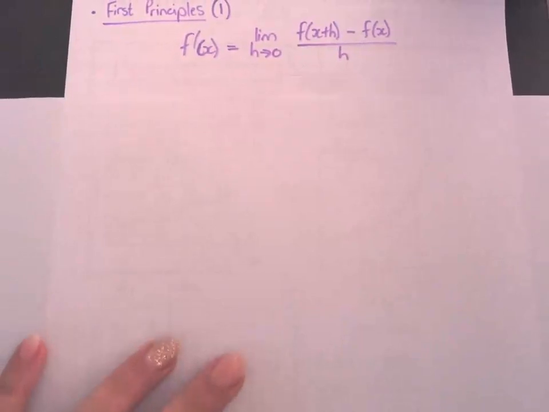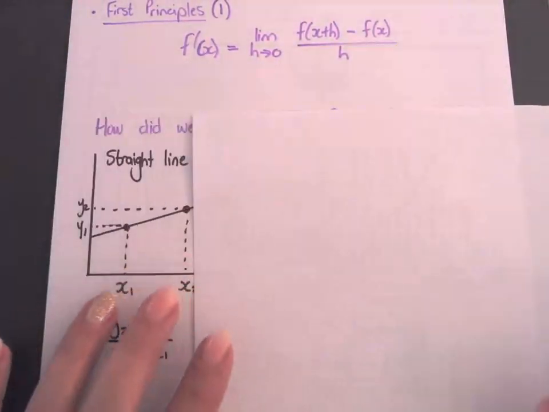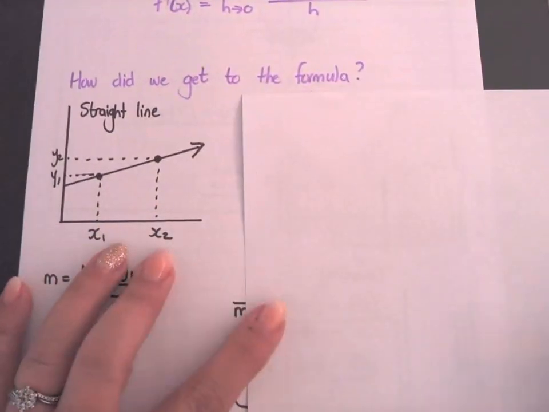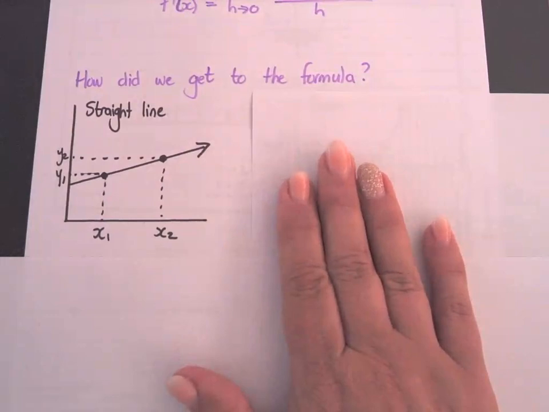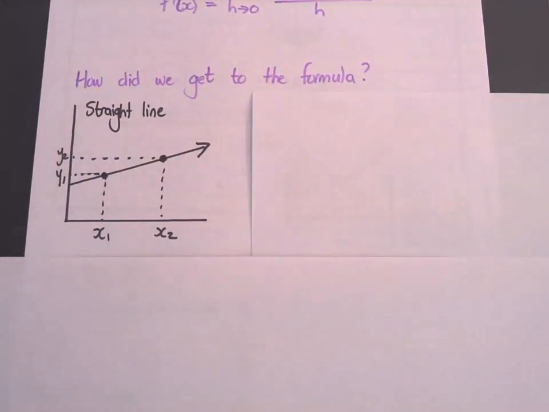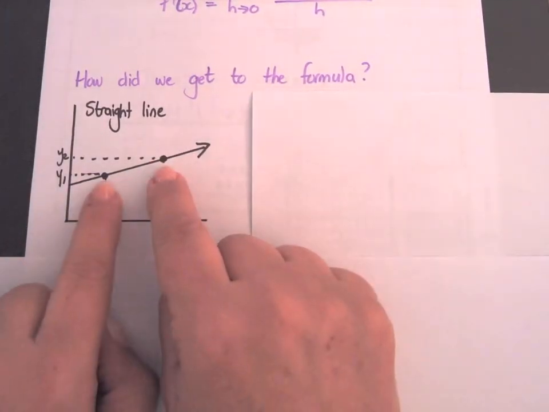Now, if we look at the straight line, remember we said differentiation is all about gradients. How did we get the gradient of a straight line between 2 points?